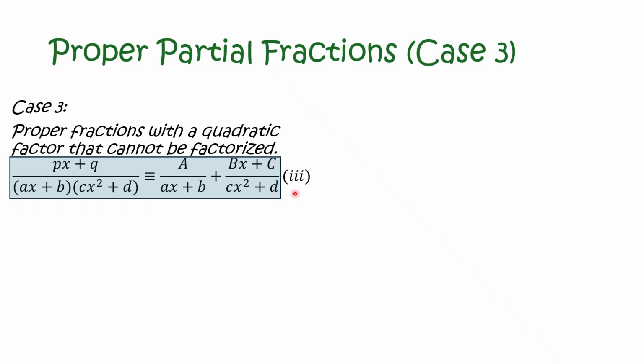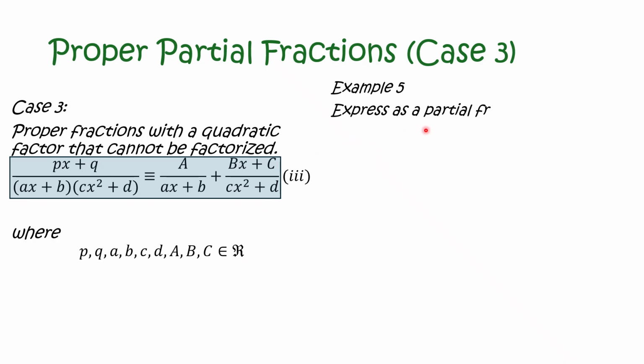We label this equation 3, in Roman numerals, where, of course, P, Q, a, b, c, d and capital letters A, B, C are elements of the real numbers.